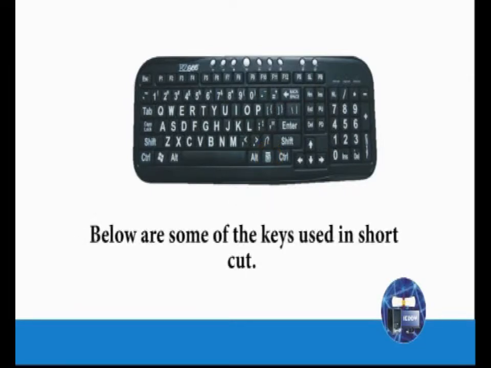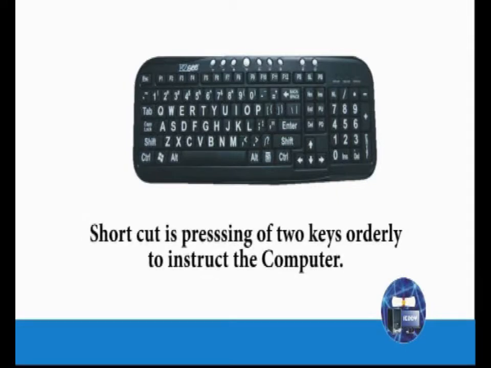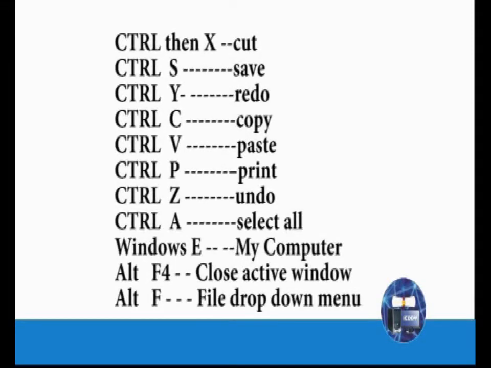Below are some of the keys used in shortcuts. Shortcut is pressing of two keys orderly to instruct the computer. Orderly in the sense that you press and hold the first key, then press the second. Pressing the Control key plus letter X is to cut highlighted text or objects with intention to take it somewhere.